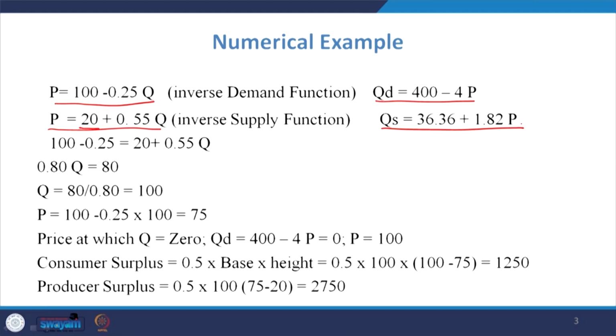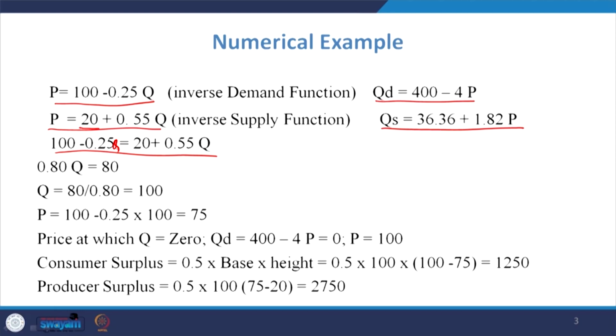So, here is where you equate the demand function and supply function. So, 100 minus 0.25 Q equal to 20 plus 0.55 Q.